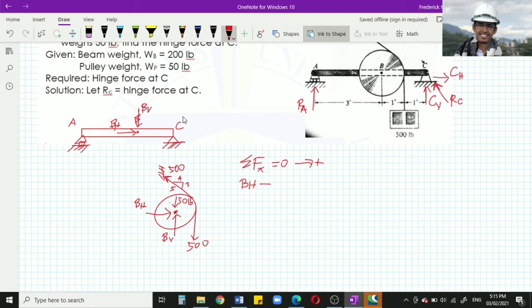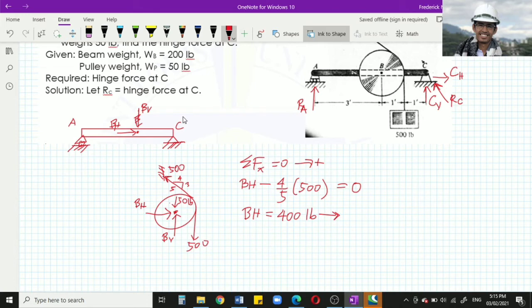That will be negative. So yung X component, so gagamitin natin yung 4. So that will be 4 over 5 times 500. Okay? And ano pa yung ibang force natin? Nag-act horizontally. So wala na. Is equal to 0 na. So BH will be equal to, so ano yung magiging sagot natin? That will be equal to 400 pounds. So going to the right side yan.